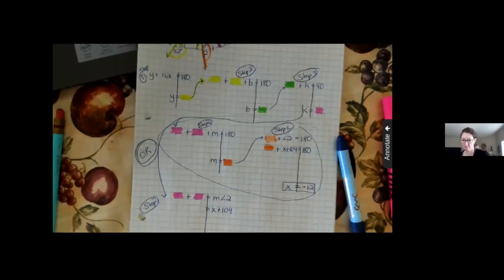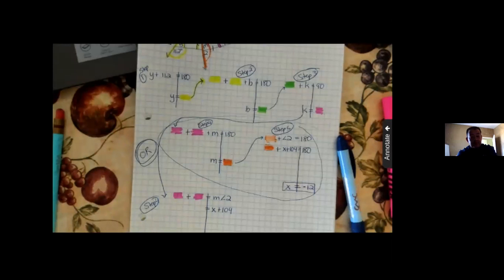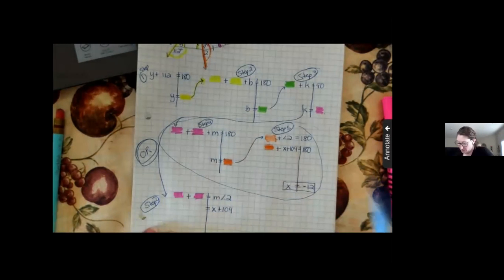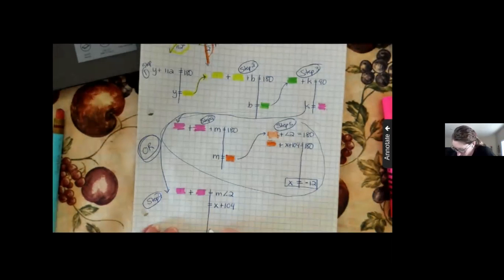And then if any help, we can help them and then go on to the next one. You guys have about 18 minutes. So try and solve one, and you can solve this one. You know the answer is going to be negative 12. X is going to be negative 12.